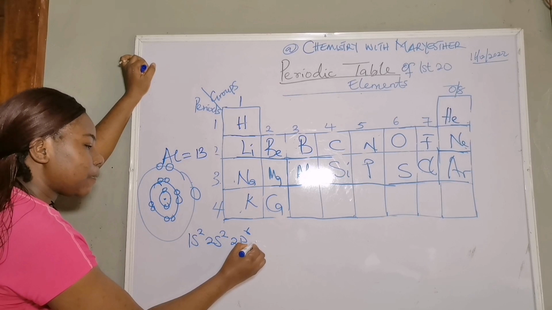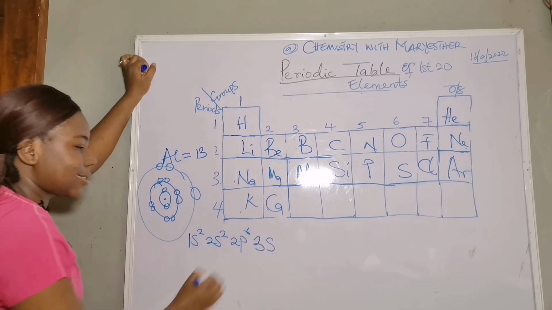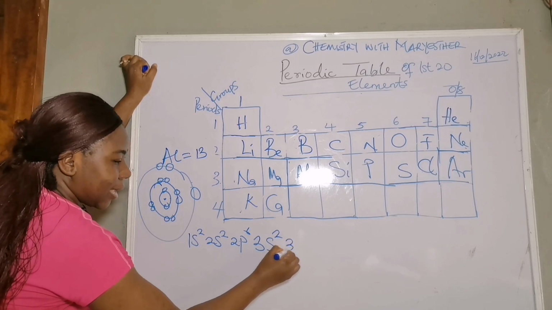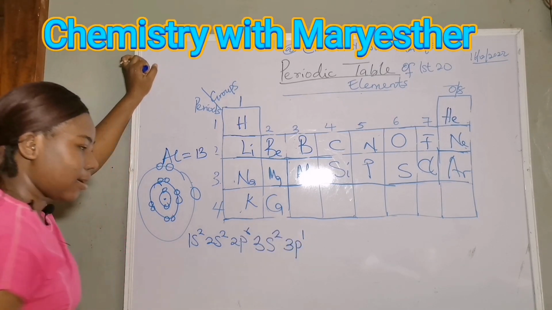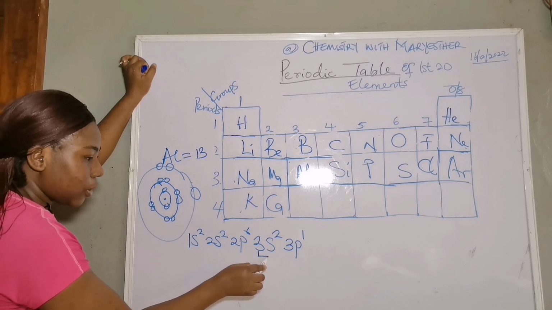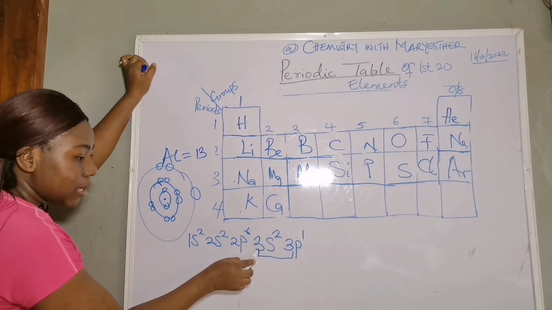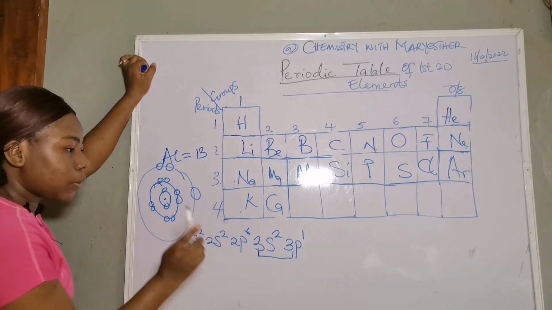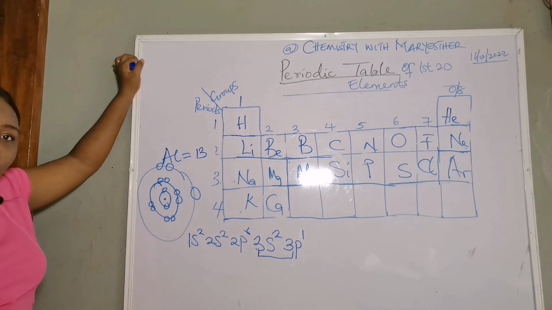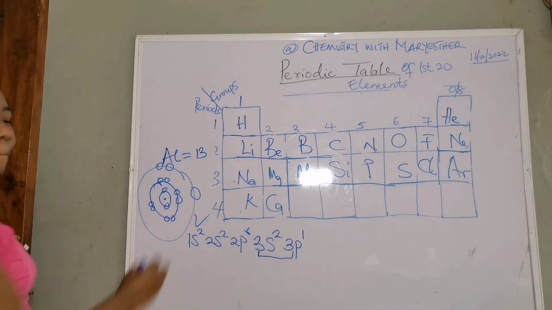Yes, we enter what? 3s2, 3p1. Meaning, in the third shell, this is third shell. This is period 3. How many electrons do they have? Okay, it will have 2 plus 1 is 3. Very simple.